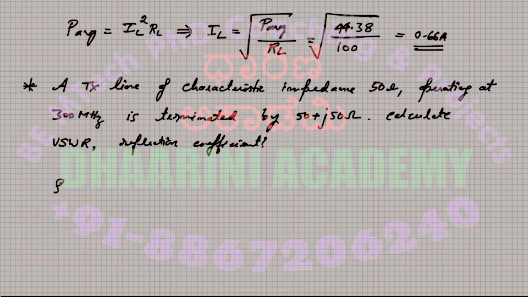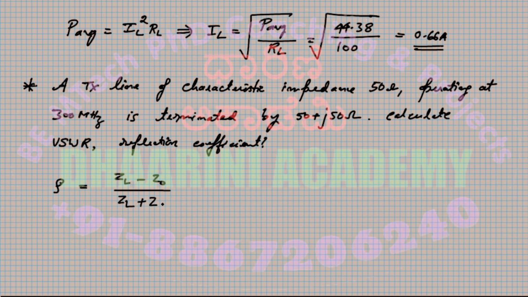If it is RL, it's RL, otherwise it is ZL. Now it is ZL, because it's complex. The numerator is ZL minus Z naught.